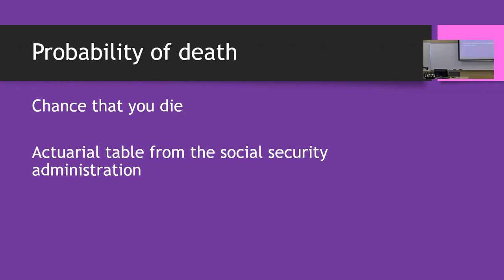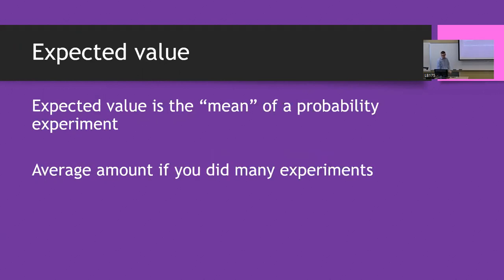Is that okay? Because there are a lot of actuarial life tables out there, and they get updated every so often. So the Social Security Administration is probably not the greatest one to use. I'll talk about why that is later.